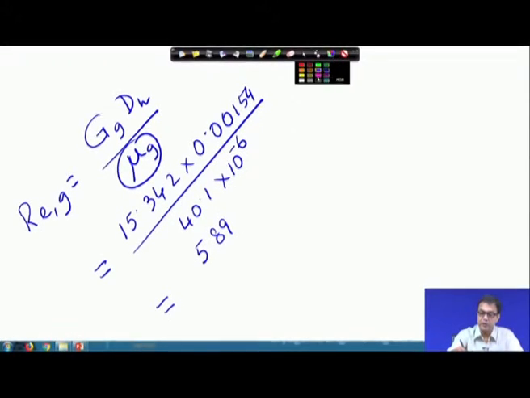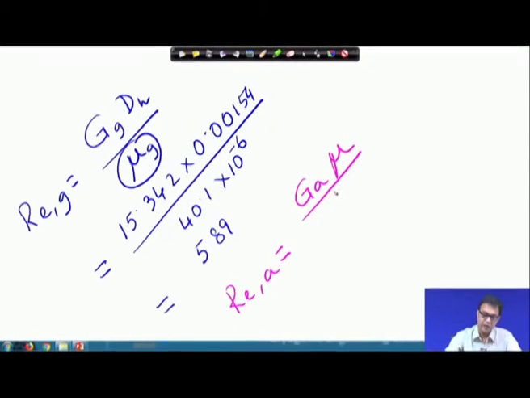Similarly, if we estimate the Re for the air side, it is G d_H by mu of the air side, and if we put in all the values, it will come out to be 842.